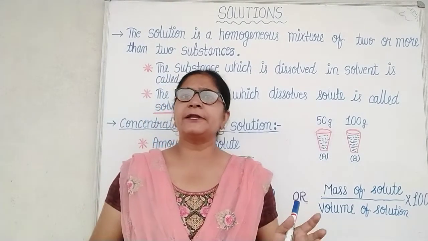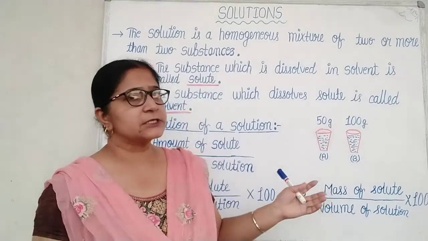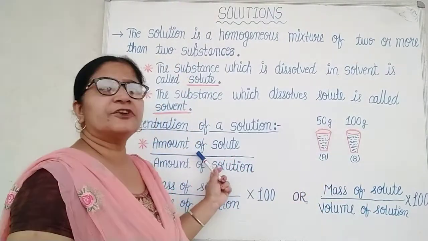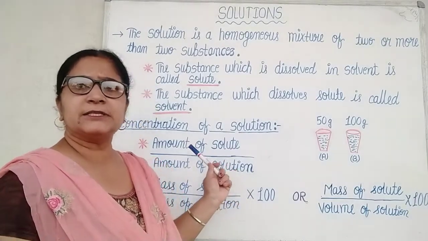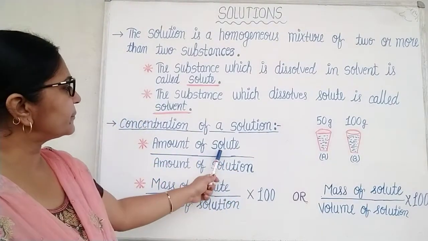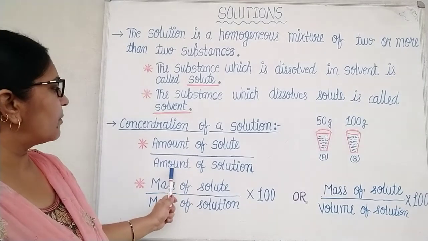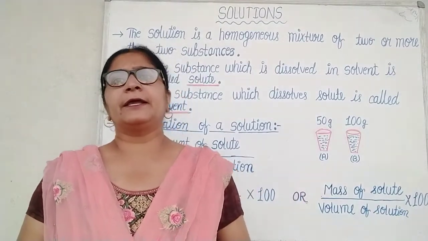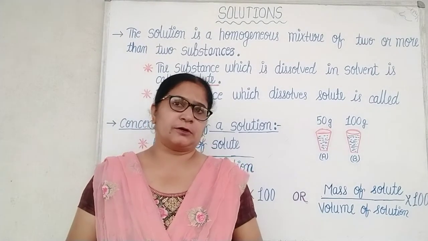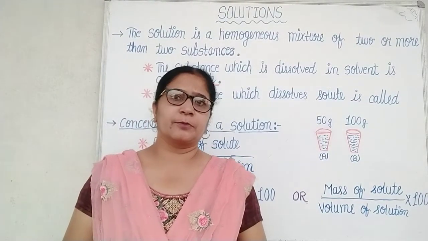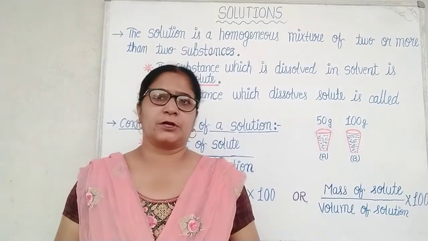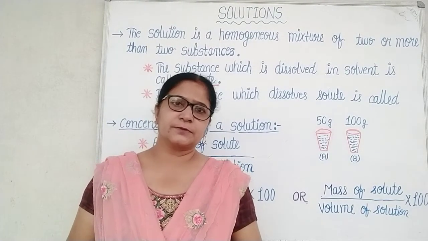So, we can write a formula based on this definition: concentration of solution is equal to amount of solute upon amount of solution. Here we are writing amount of solution, not the solvent, because we have to find the concentration of a solution, not the solvent.